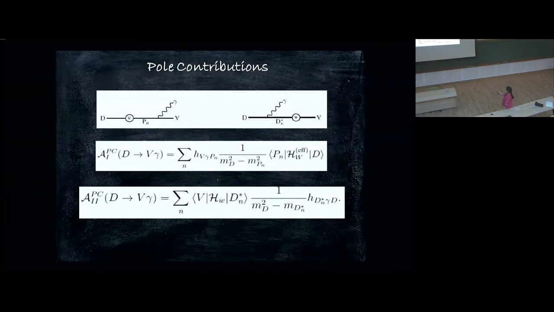I'm going from D to the N through a weak interaction, and then I emit a photon and vector meson through electromagnetic interaction. But the photon could have been emitted first. When I have the photon emitted first, then obviously this intermediate state will have to be a vector meson, and it will be a D N star because I've not had a weak interaction yet, so the C quark remains here.